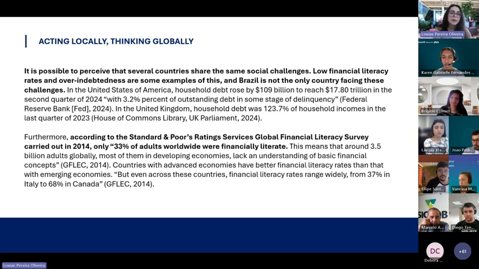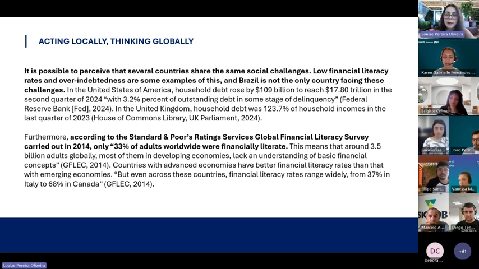For example, in the United States, household debt rose by 109 billion to 70.8 trillion. So this is evidence that over-indebtedness could be a concern even for the United States, right?